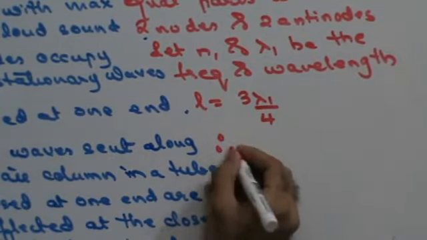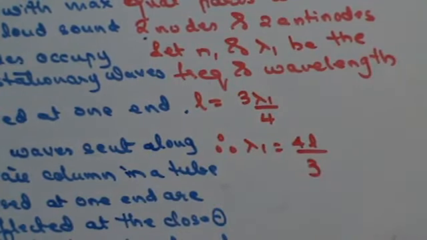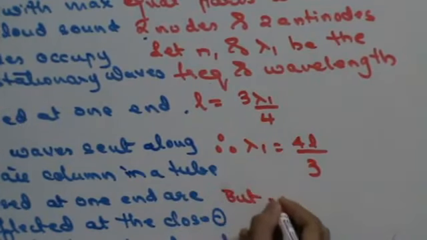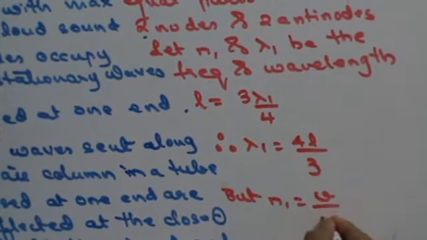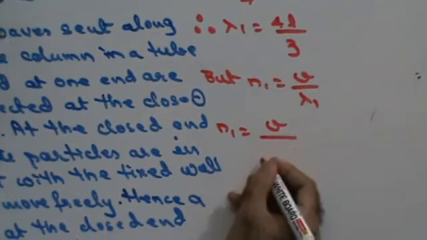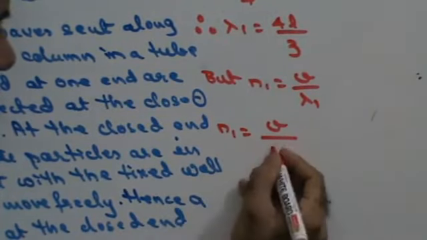Therefore, lambda 1 is 4L by 3. Once I know the value of lambda 1, frequency is nothing but V upon lambda 1, that is V upon 4L by 3. So that will be my frequency.